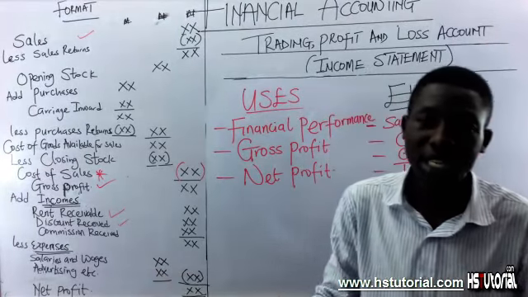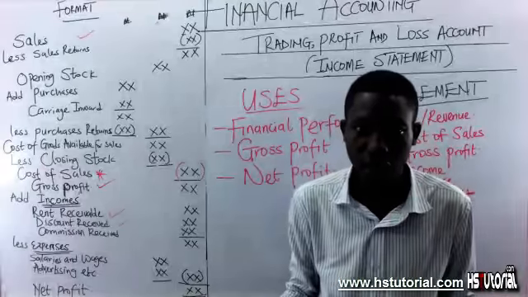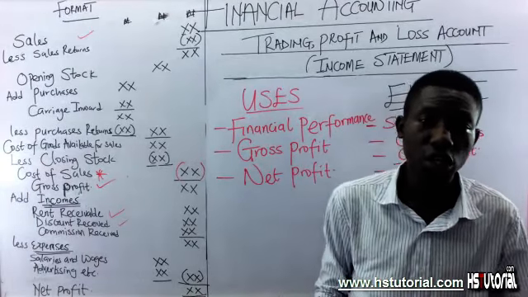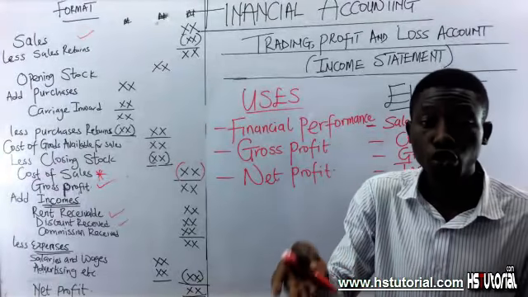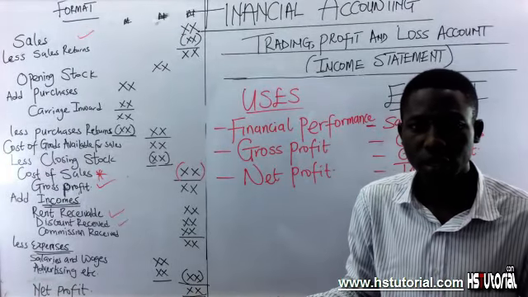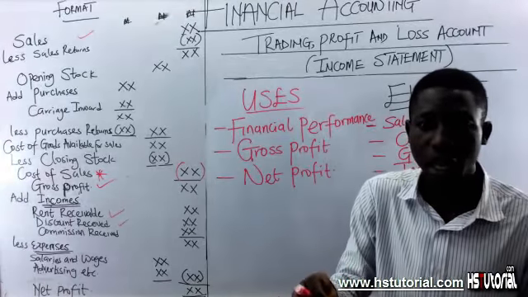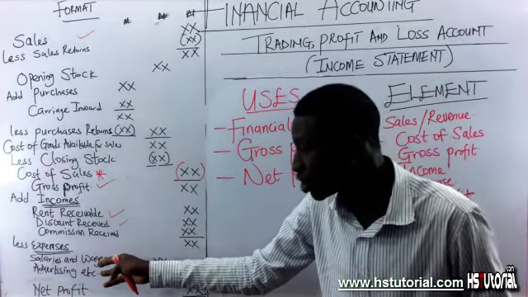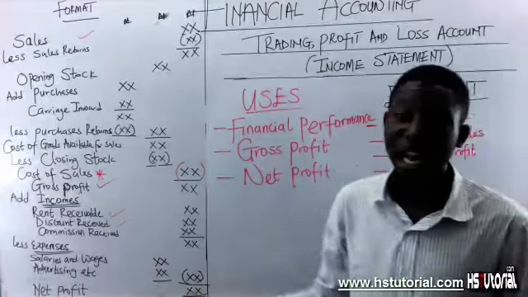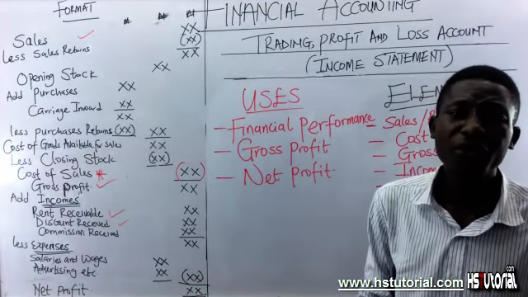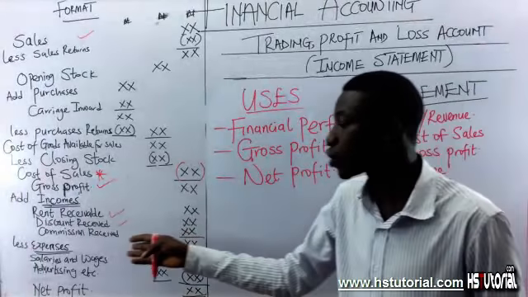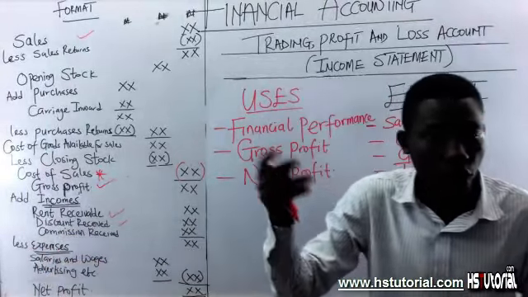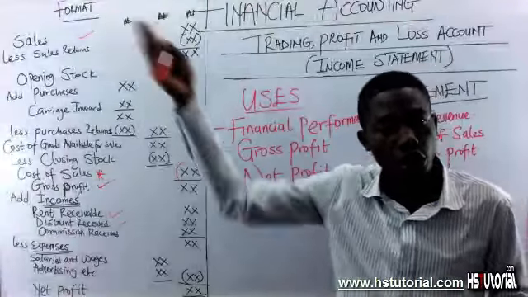For example, let's say we have salaries and wages, and in the additional information they told us that we have accrued salaries and wages. Let's say 500 naira is already the salaries and wages, and we now have accrued expenses of 60 naira. That 60 naira will have to form part of that previous 500 naira, which is in your trial balance.